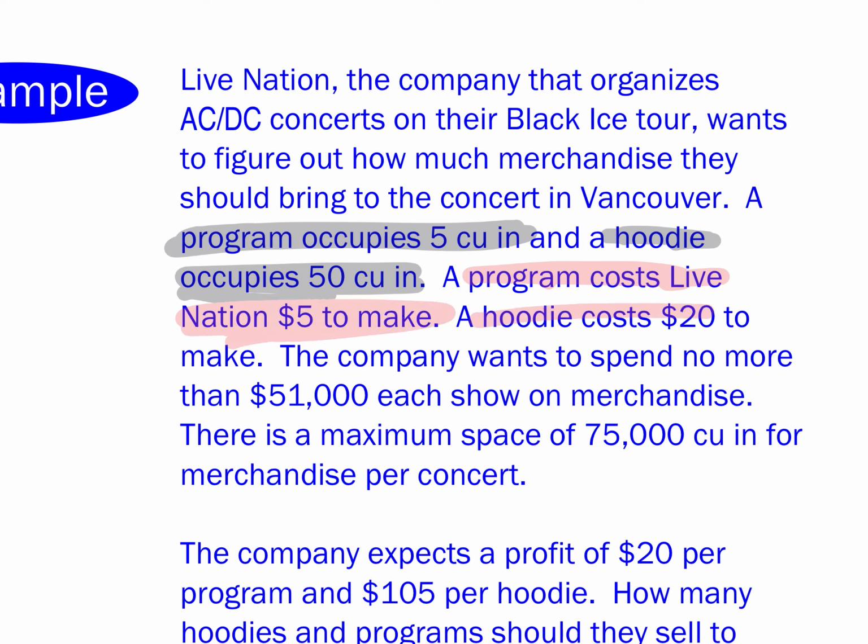A hoodie costs $20 to make. So those are the creation costs of those 2 items. The company wants to spend no more than $51,000 per show on merchandise. There's a maximum space of 75,000 cubic inches for merchandise per concert.